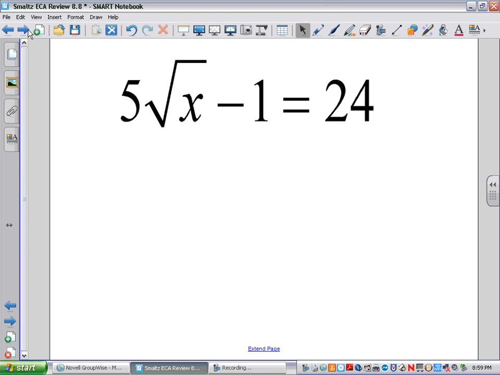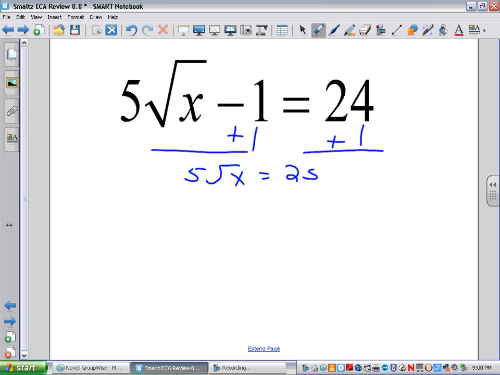On the next one, a little bit different. To get the square root of x by itself, the first thing you want is to add 1. That gives you 5 square root of x equals 25.